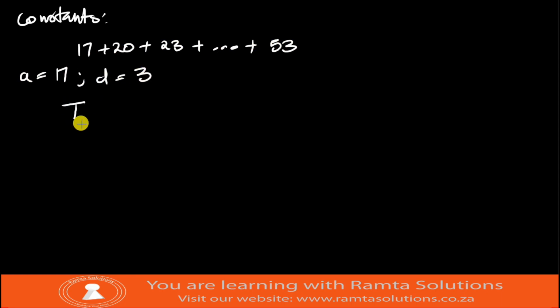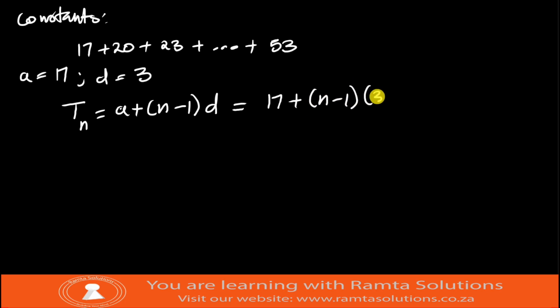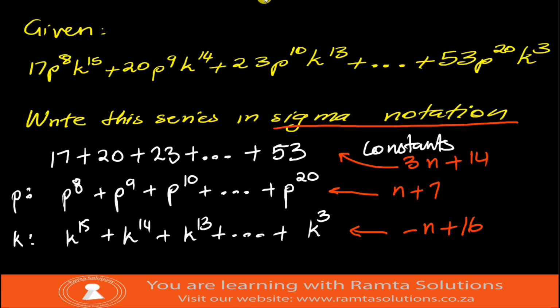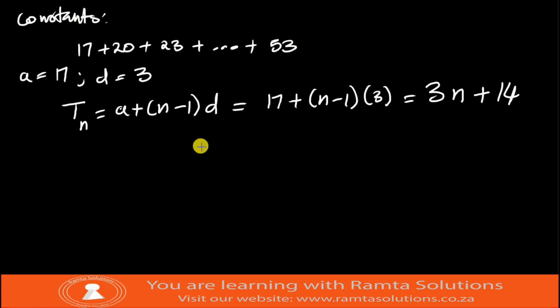So the general term here would be A plus n minus 1 times d, which is 17 plus n minus 1 times 3, which is 3n plus 14. Indeed, 3n plus 14, right?